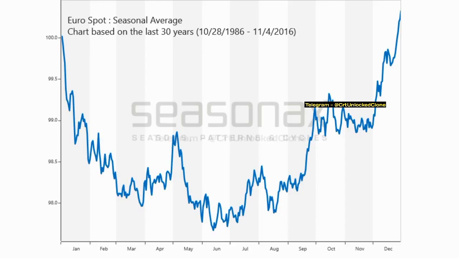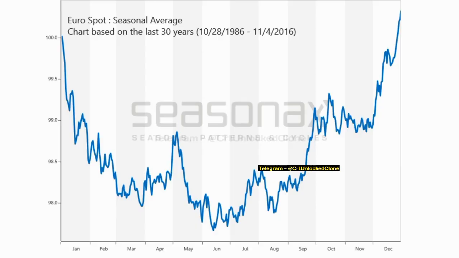Now all of this price section that you see right here is basically a summary of what EURUSD has done periodically and seasonally over each year throughout the last 30 years, or the last 3 decades, right?